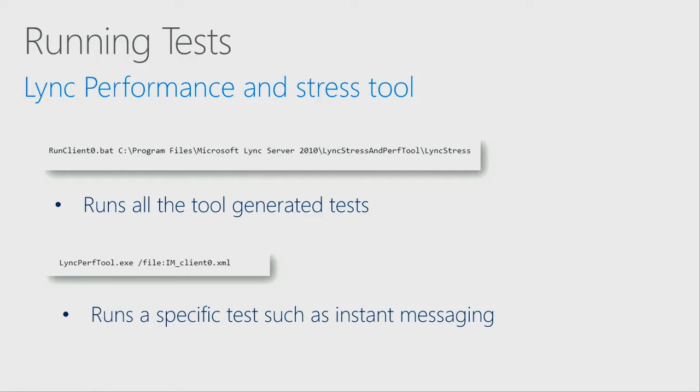So this can be some really great data when somebody in your organization asks, well, we want to deploy AV conferencing, or we want to do this new modality, and you now need to see if this environment that you've deployed can handle that, or if you need to add a front end or add a whole other pool. So it's very powerful to run these individual tests. I highly recommend playing with them.